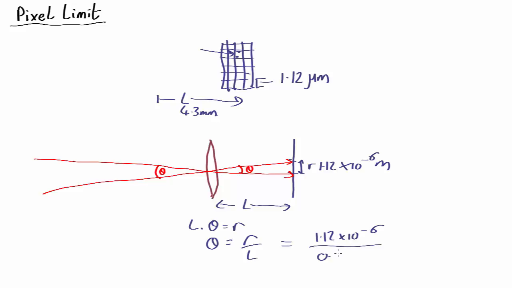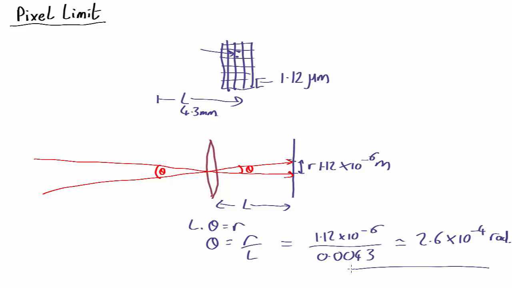That's 0.0043, which comes out as 2.6 by 10 to the minus 4 radians.